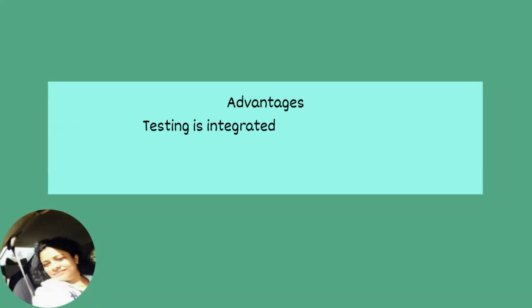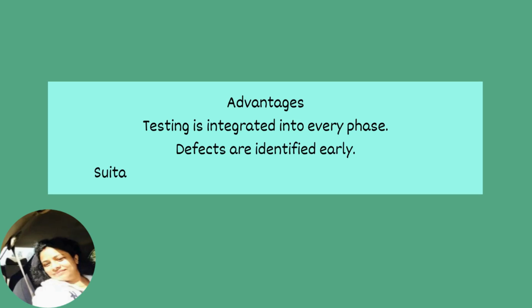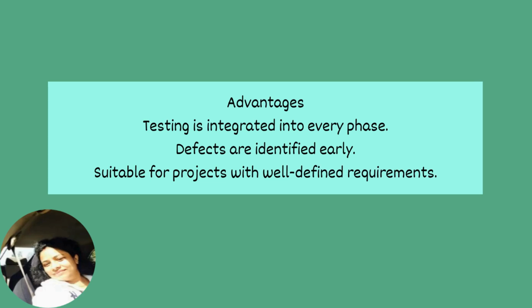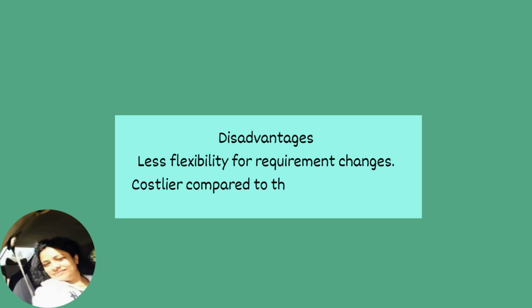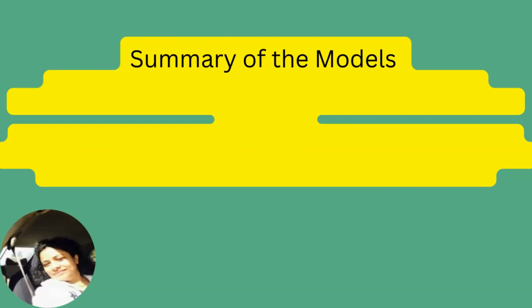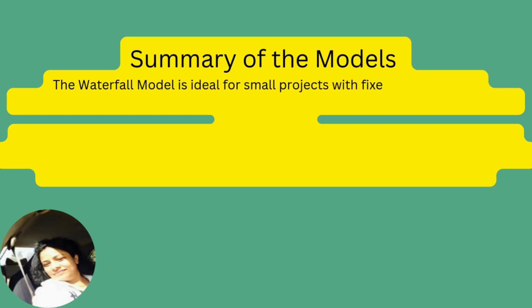Advantages. Testing is integrated into every phase. Defects are identified early, suitable for projects with well defined requirements. Disadvantages. Less flexibility for requirement changes, costlier compared to the waterfall model. Summary of the models. The waterfall model is ideal for small projects with fixed requirements.